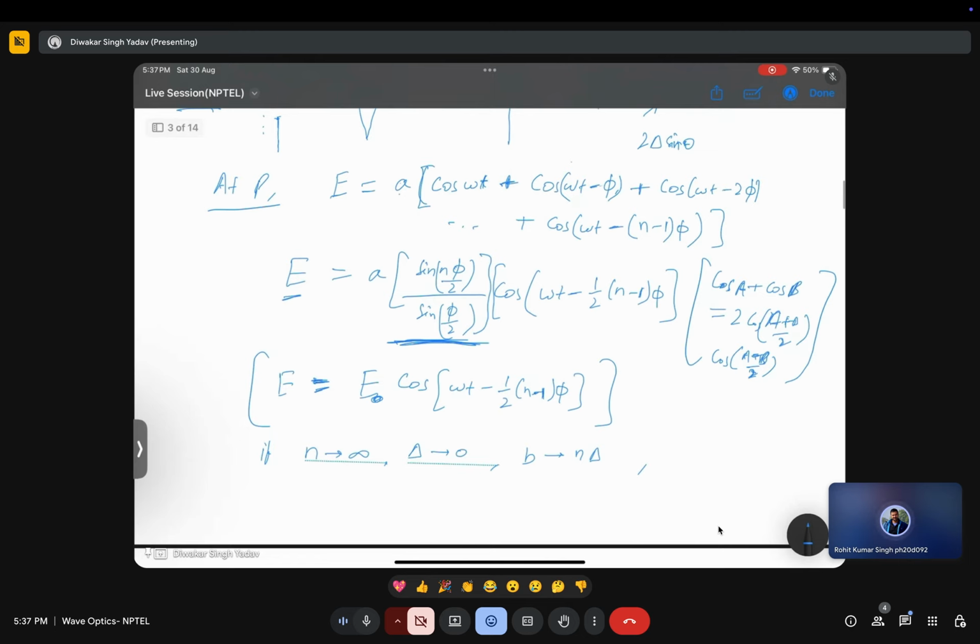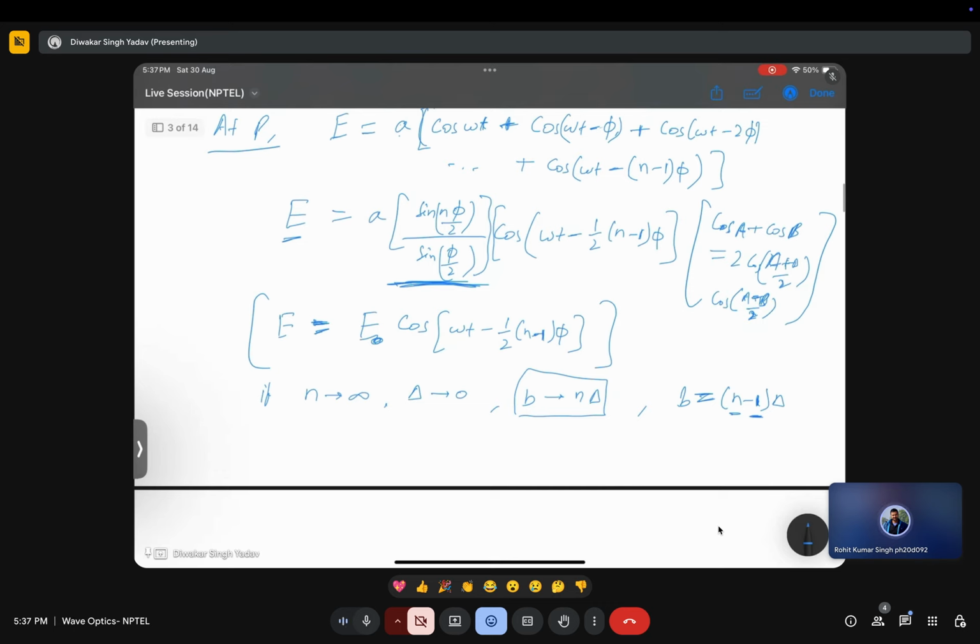Earlier b was what? n minus 1 delta, right? But since now n is infinity, 1 doesn't matter here. So b becomes just n delta in this limit.